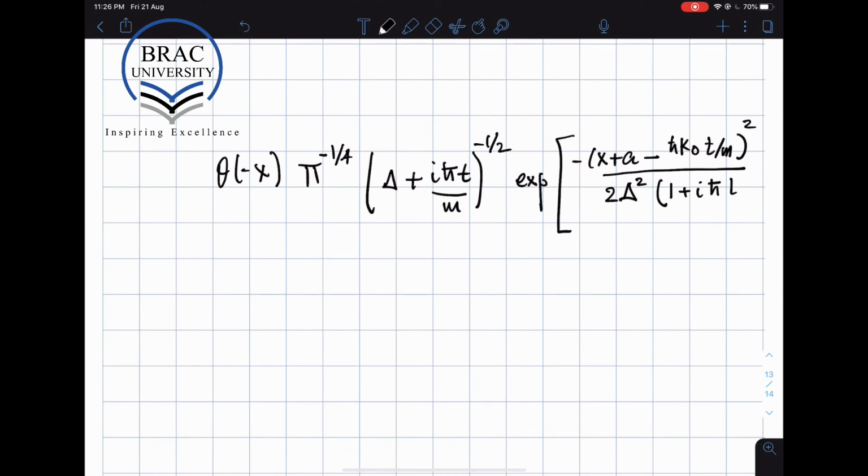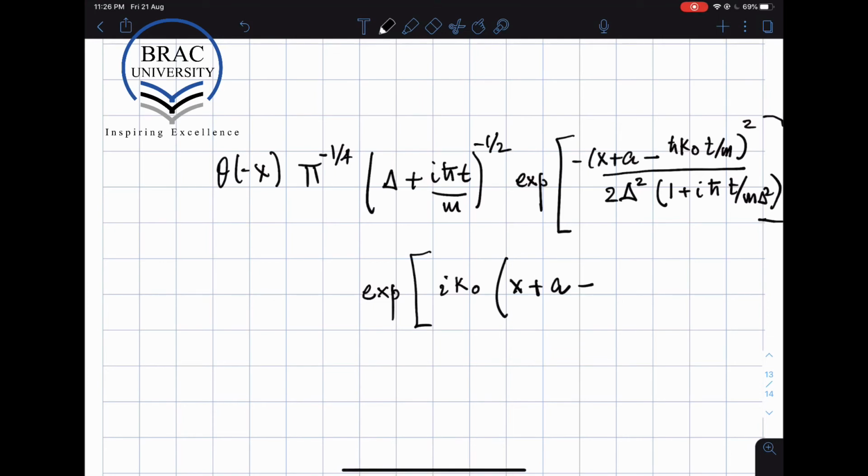So the spreading out is given by this denominator. And then we have another factor, which captures the average momentum. And of course, the average momentum has with it some information about its position as well, which is given by this factor.